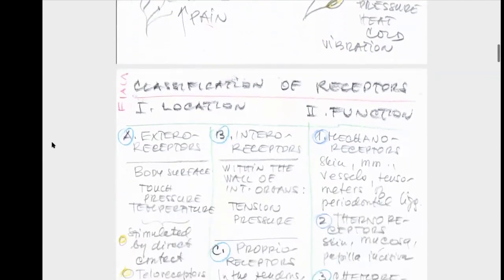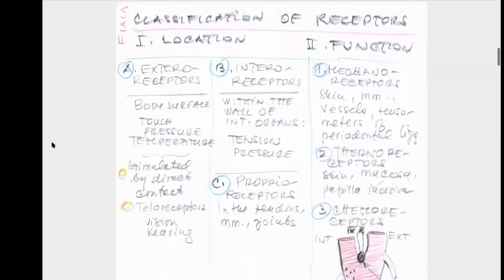These are classifications of neurons according to their position, location, function, etc. Again we divide them into categories, mainly according to their location, number one in Roman numerals, and number two is the function. Concerning the location, there are two types. We call them exteroreceptors, which are situated on the body surfaces.